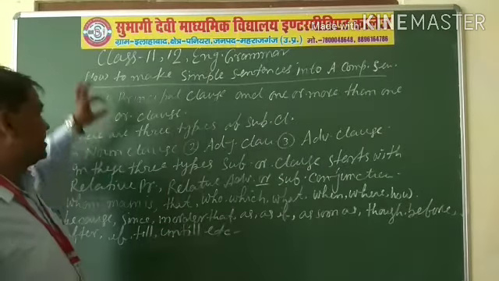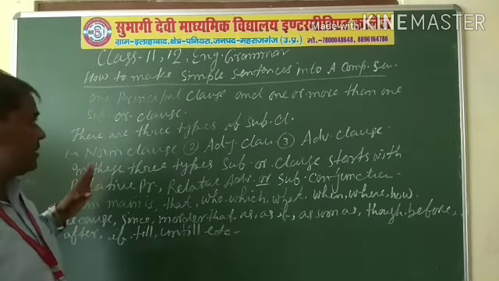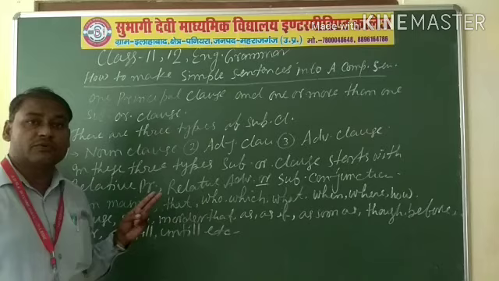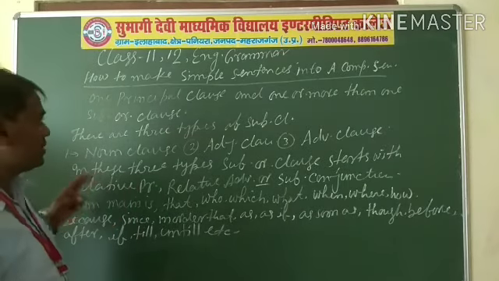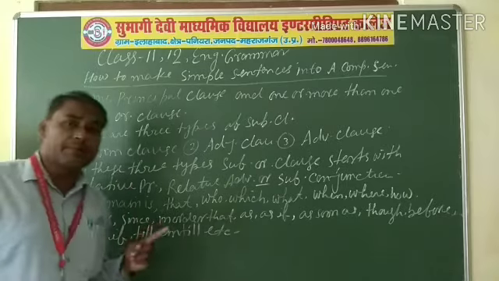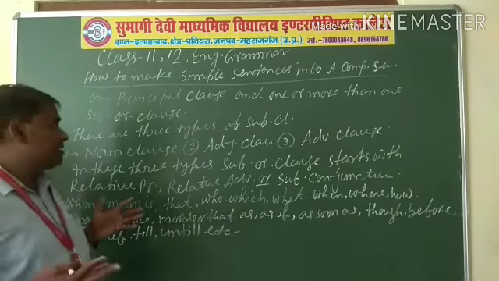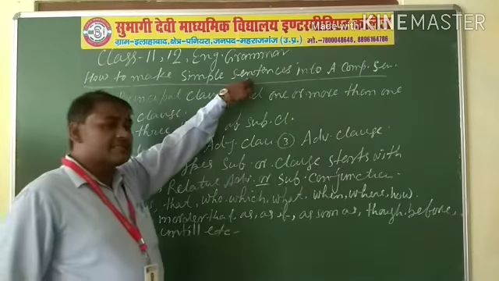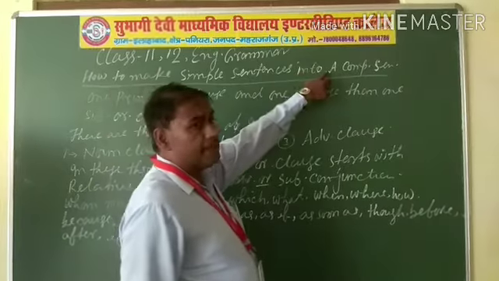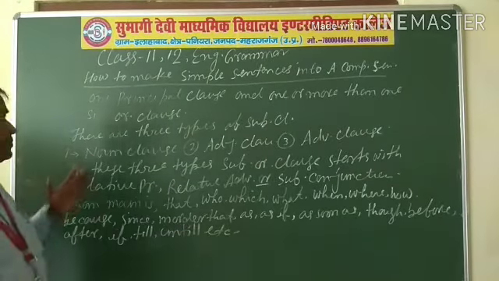So in this online class, before this, you have read how to join two or more simple sentences into one simple sentence, and into one compound sentence, and today we have to read how to join two or more simple sentences into one complex sentence. So listen carefully to what I say.